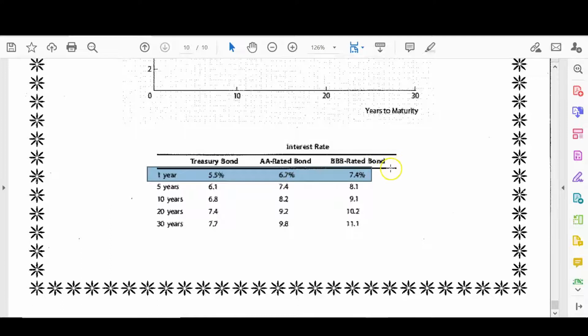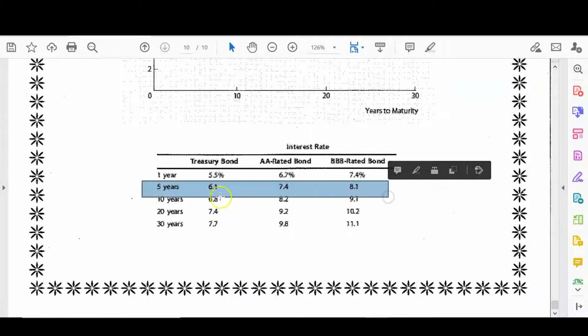The BBB rated bond has the highest interest rate because of the higher DRP and LP. The same goes for the 5-year bond. The treasury bond has the lowest interest rate, the AA rated bond has a higher interest rate because of higher DRP and LP, and the BBB rated bond has the highest DRP and LP and the highest interest rate.